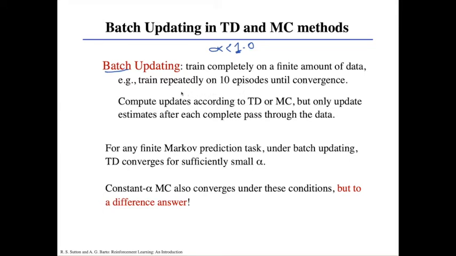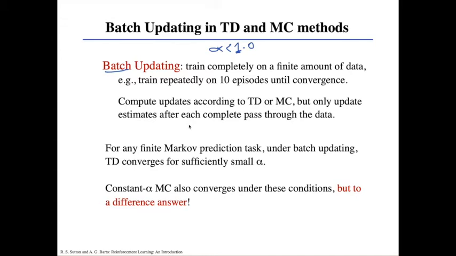Obviously, if you do that too much and just train forever on the same history and never try anything new, you'll converge to basically optimizing that set of experiences, which isn't what you want. But doing it many times and squeezing every bit of experience out of these series of states and actions is what batch updating does.